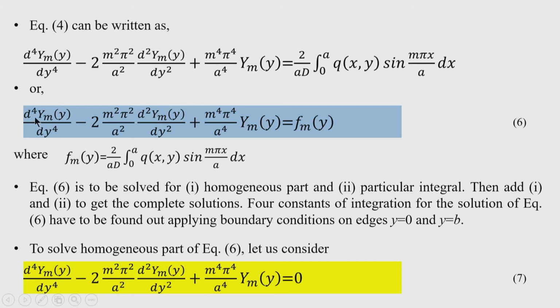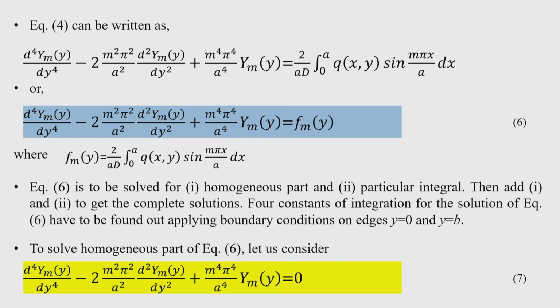Now, you can see here it is a fourth order differential equation. So, naturally, when you get the complete solution of the homogeneous equation, we get 4 constants of integration. Those 4 constants have to be evaluated using the boundary conditions at the other two opposite edges.